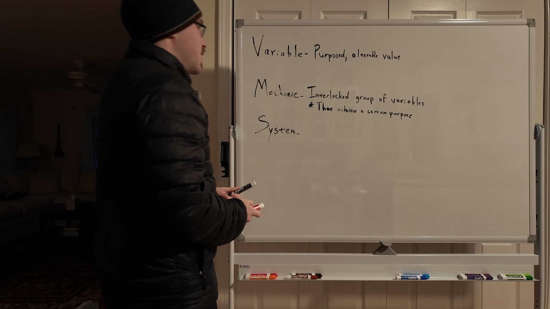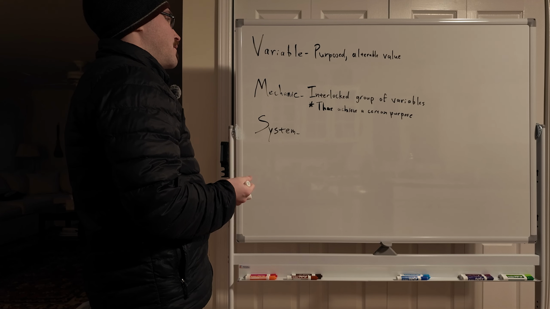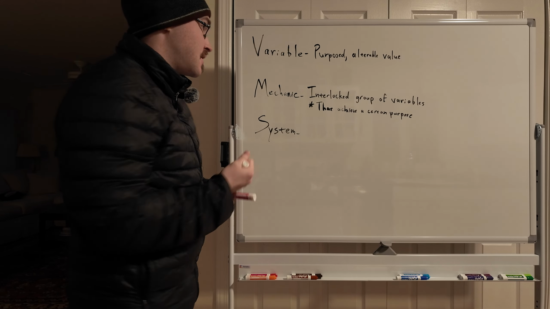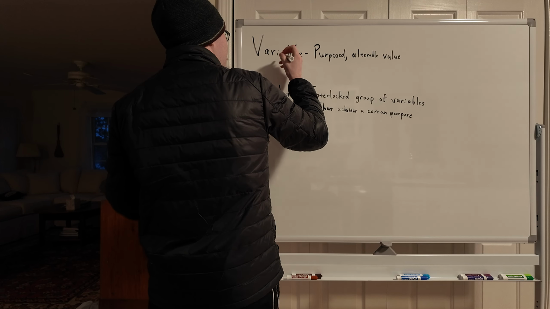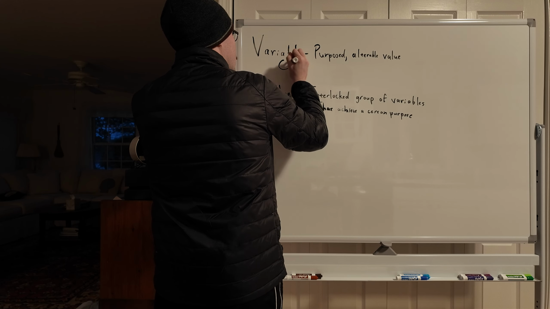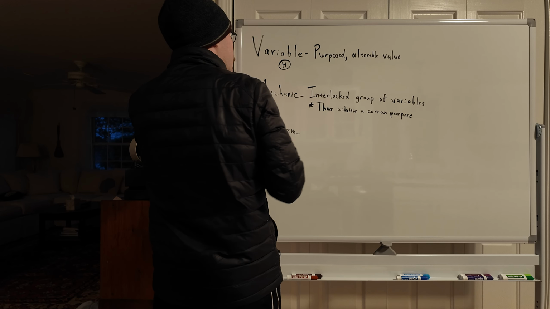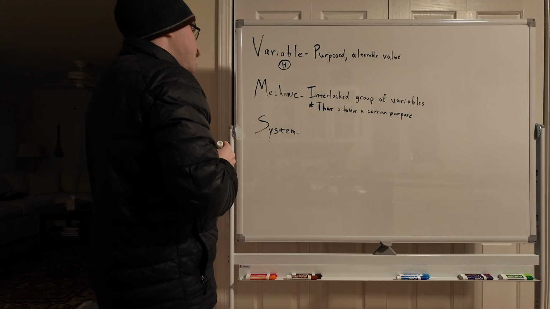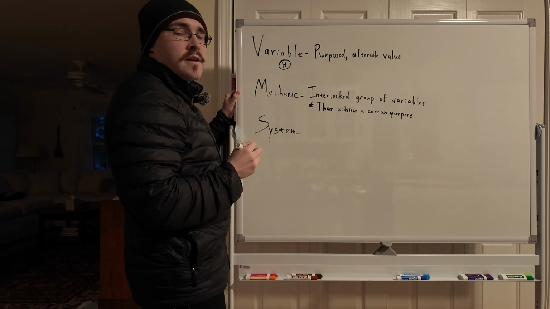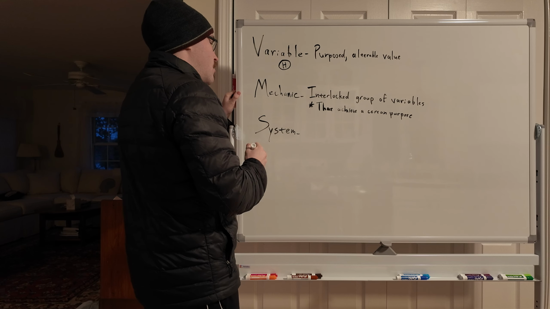One fun way to think of this, if you're much of a sciencey person: a variable is like an atom. You've got your little hydrogen atom here. He's chilling. A mechanic is more like a molecule.